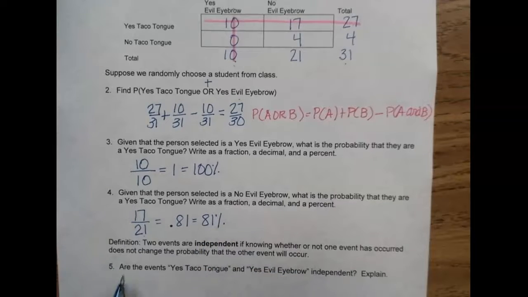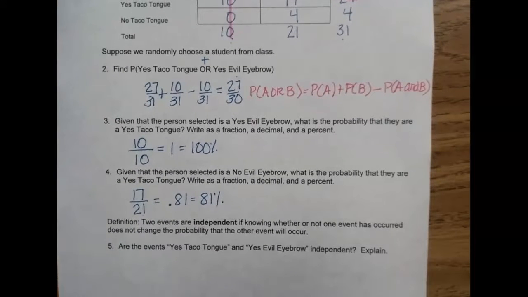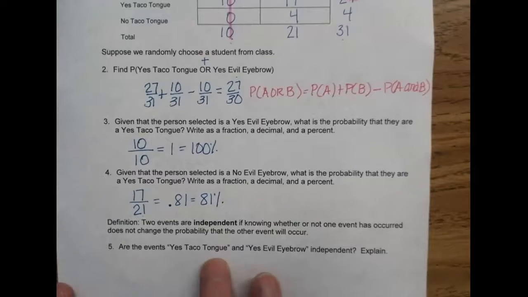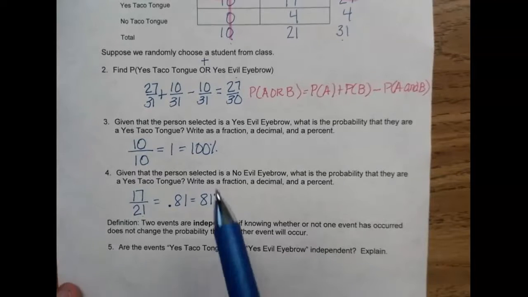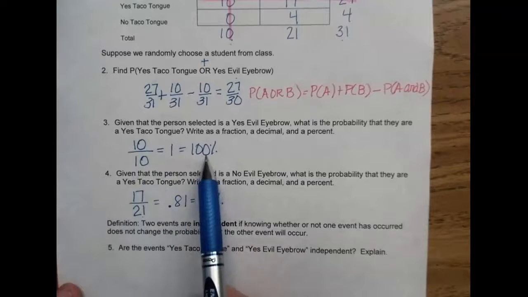Now, we have a definition here that two events are independent if knowing whether or not one event has occurred does not change the probability that the other event has occurred. So I'm wanting to know, are the events yes Taco Tongue and yes Evil Eyebrow independent? And then I need to be able to explain. So if they are yes Evil Eyebrow, 100% of the people are Taco Tongue.